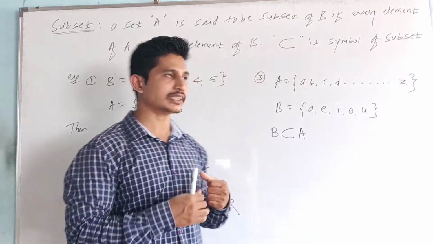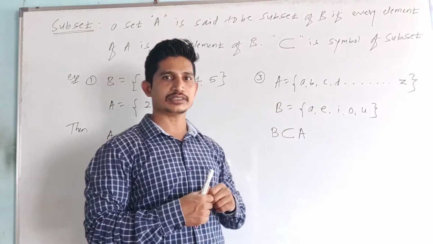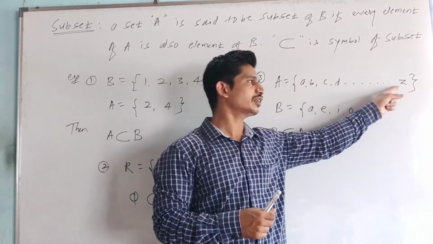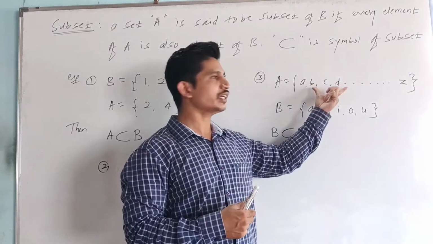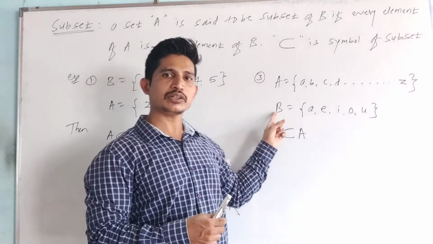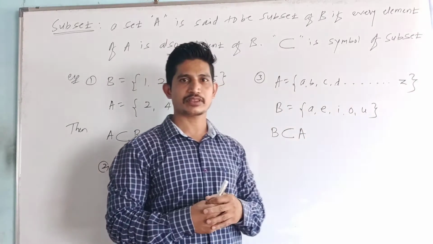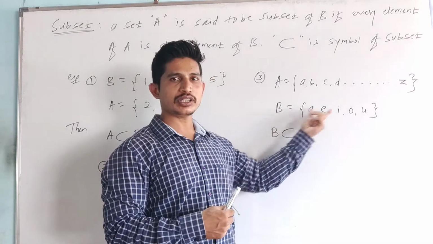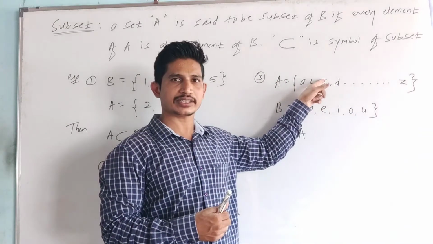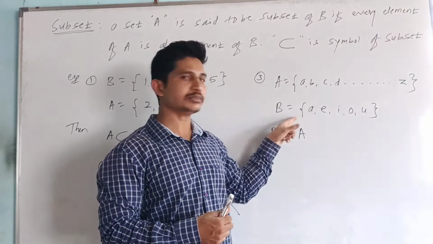For example, once again, suppose A is a set having all the alphabets, A, B, C, D, and so on till Z, all the English alphabets from A to Z. And set B has only vowels: A, E, I, O, U. So set B has only vowels and set A has all the elements, which means all the vowels are present in set A. Then B is a subset of A. A is a bigger set, B is a smaller set.